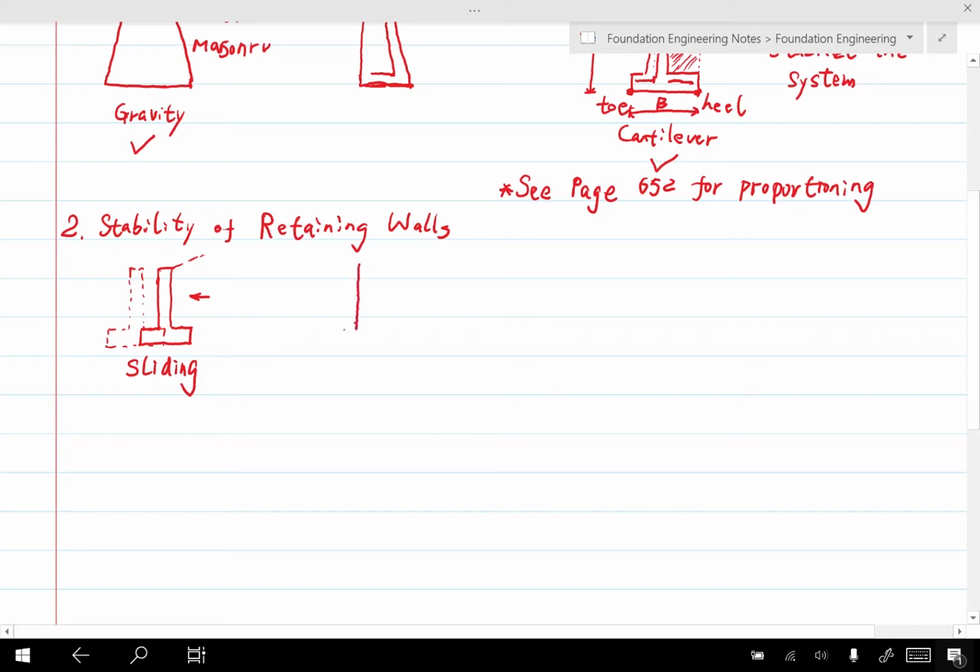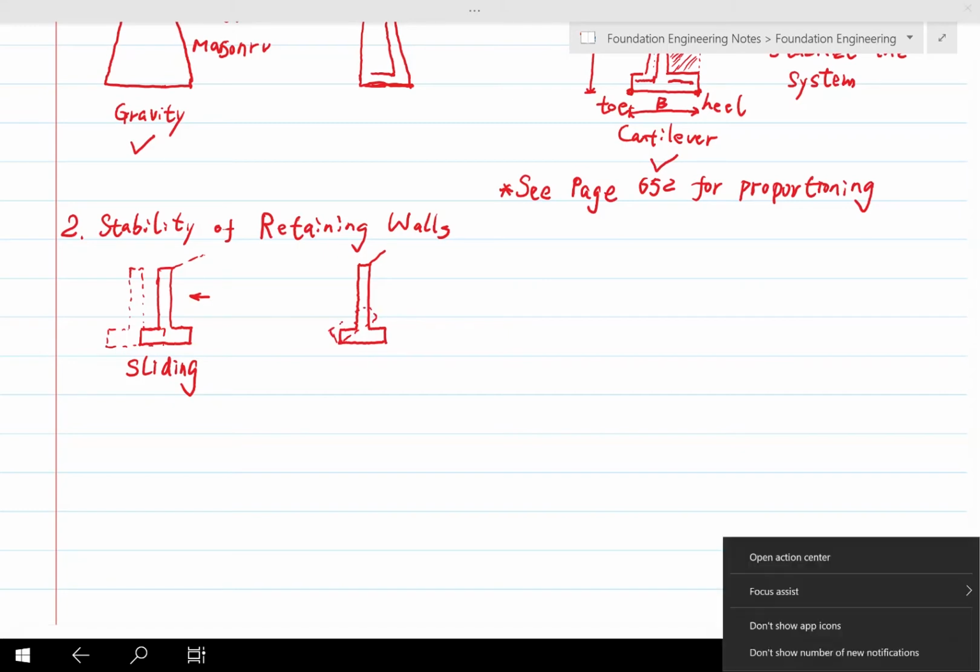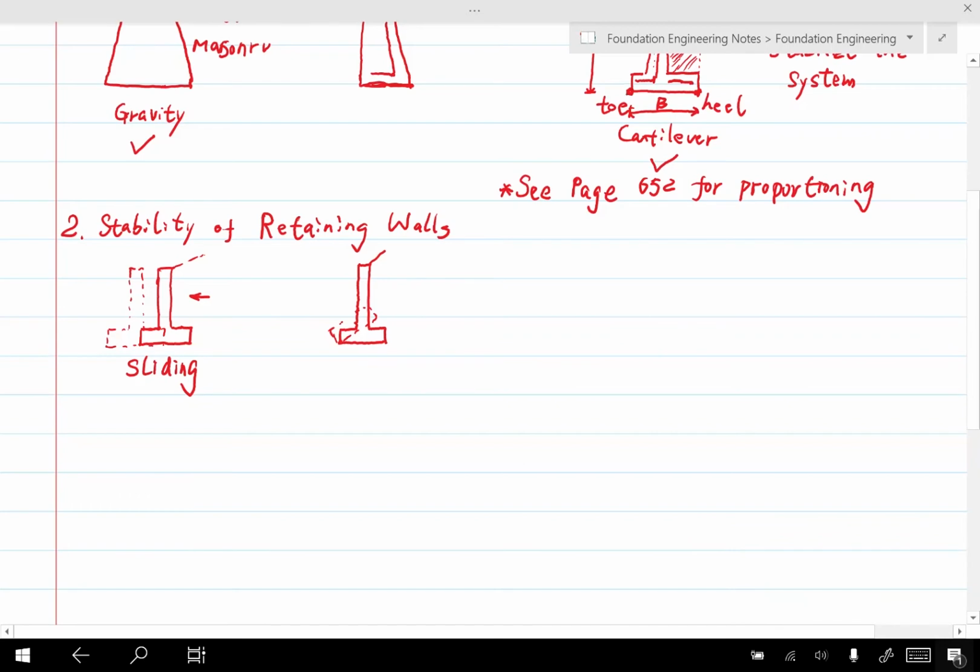So for this one, the original position of the wall is here. And if overturning happens, it will rotate. And in general, we assume that you rotate about the toe of the wall. So toe is here. We just talked about that.